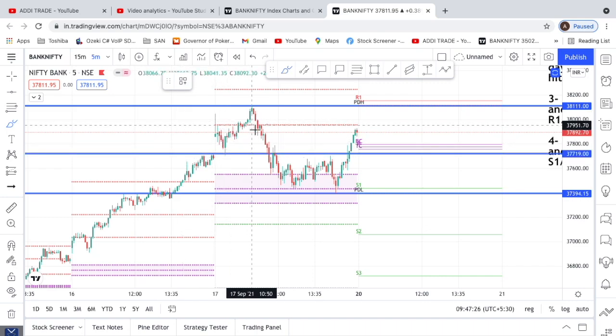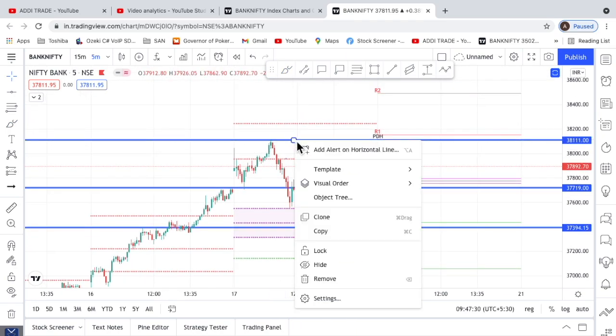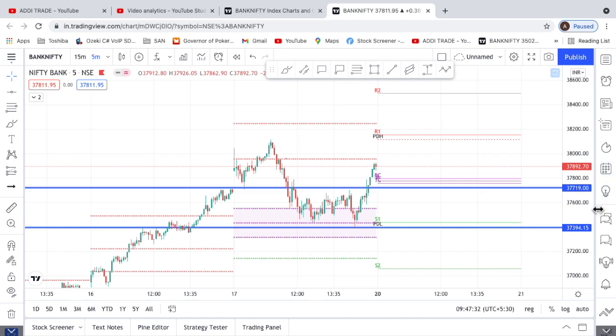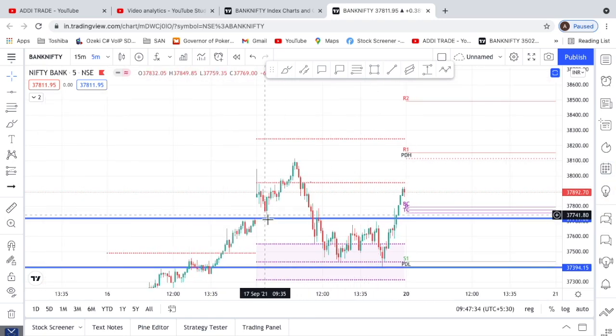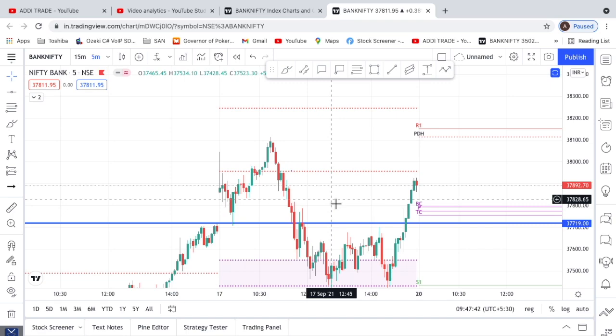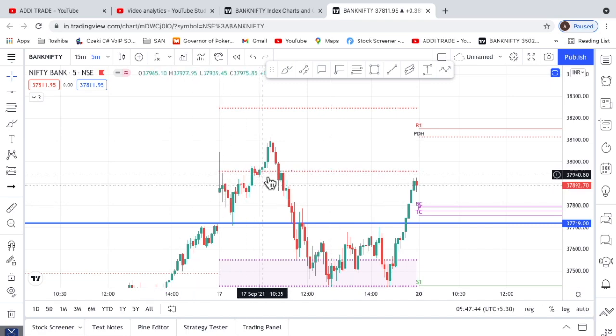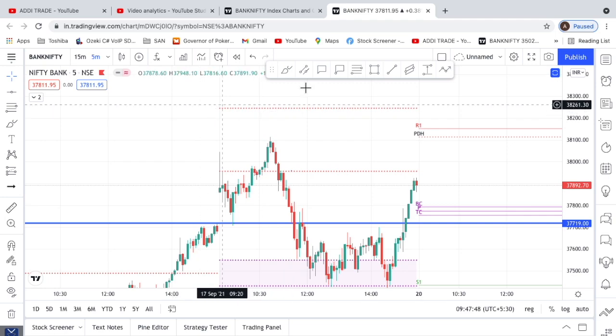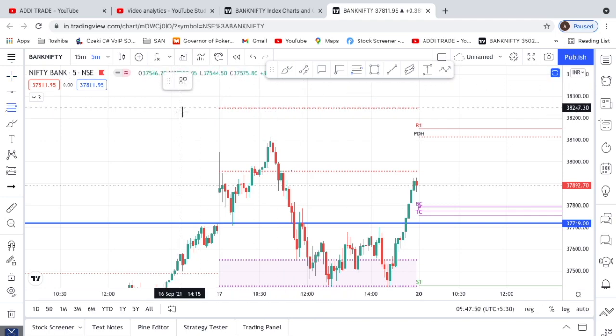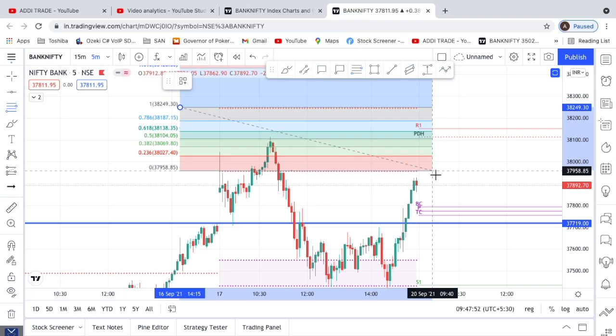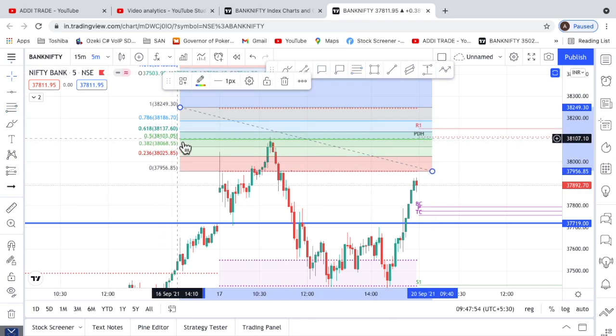But the one good trade that I had over here was once R1 was broken out, right? I'm on a 5-minute chart in Banknifty. Once R1 was taken out on this candle, I entered long, assuming we will hit R2. And my first target was 50% of R1 and R2.